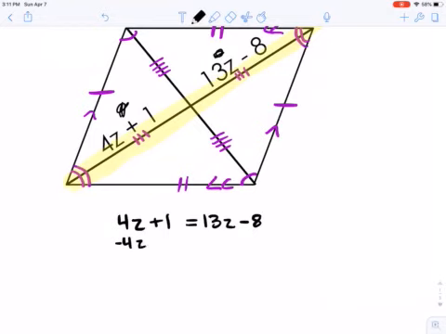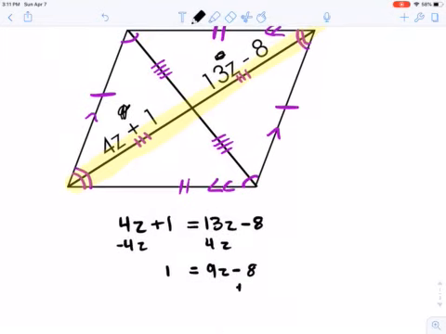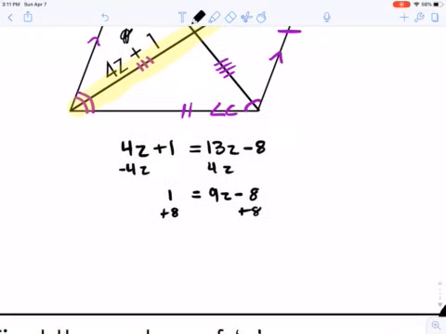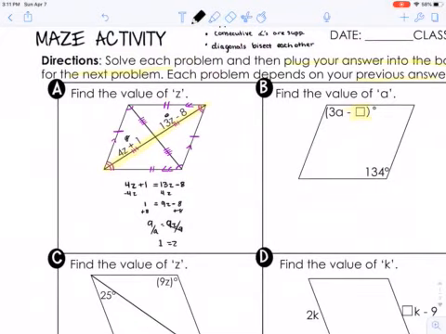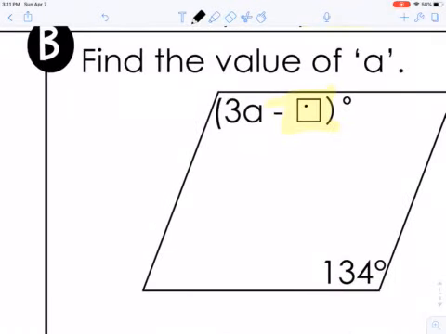We're going to subtract 4z from both sides, and you'll get 1 equals 9z minus 8. Add 8 to both sides, and we get 9z equals 9. Divide by 9 on both sides. Z is finally by itself, and z equals 1. And so now we're going to take that 1 and plug it into the box right here.